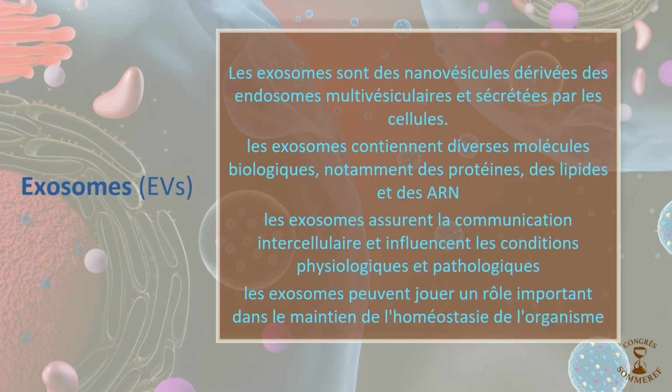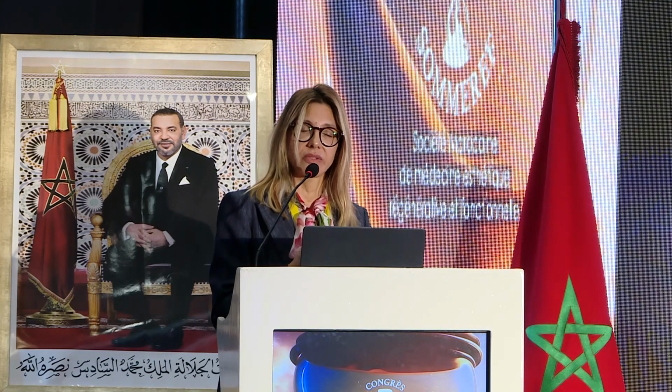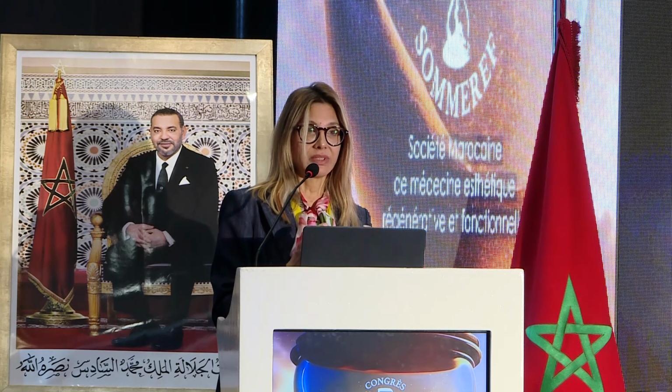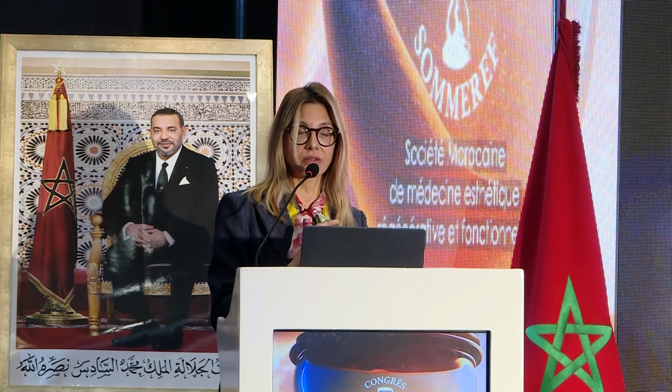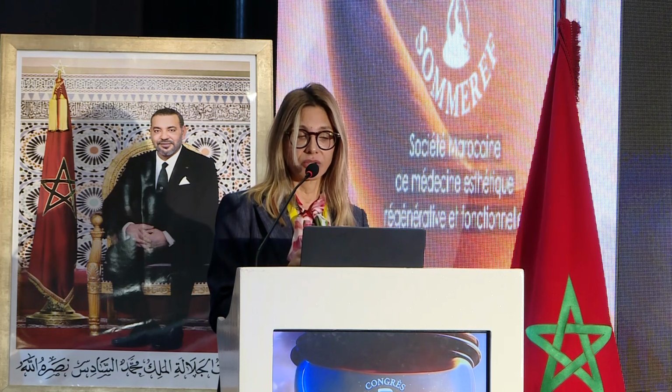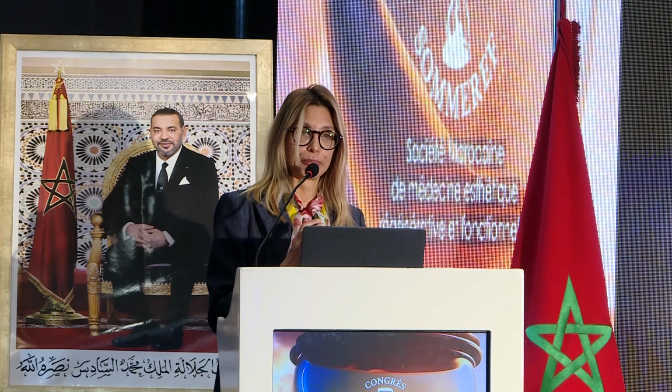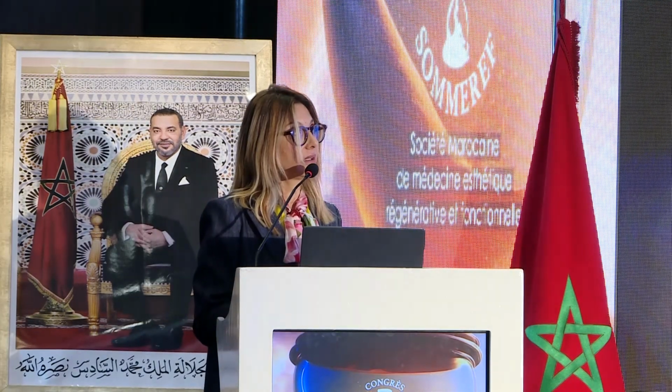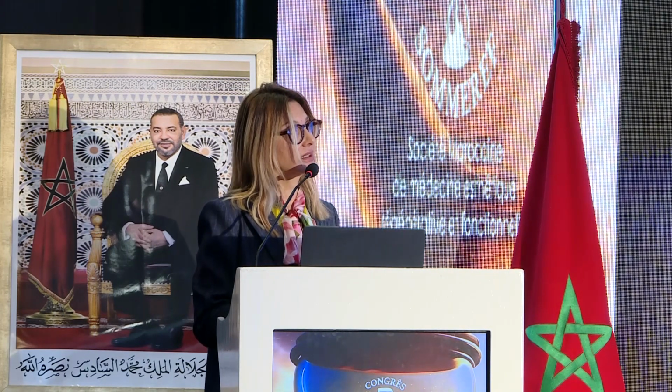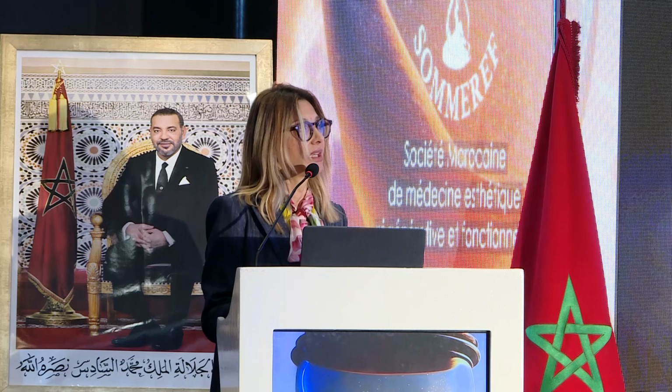Exosomes mediate the language between cell to cell, the communication, and autologous exosomes derived from autologous cells are important because they know the same language for the interchange, the communication between the cells, the growth factors, to maintain the body homeostasis. So they are important. We are working on a study in vitro.